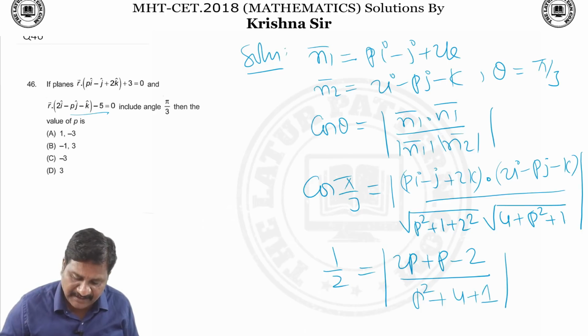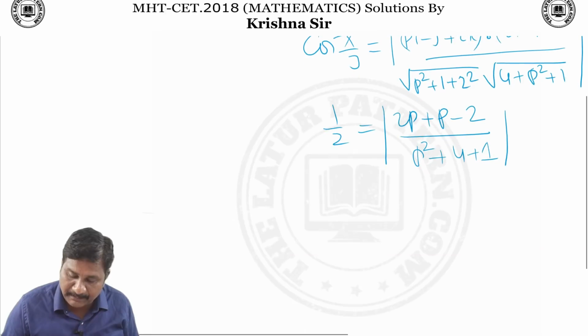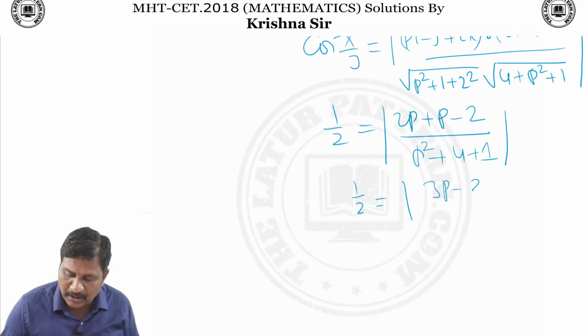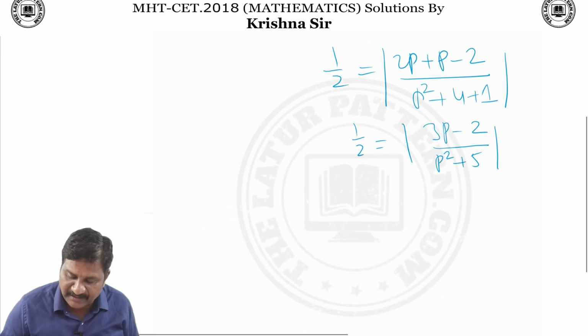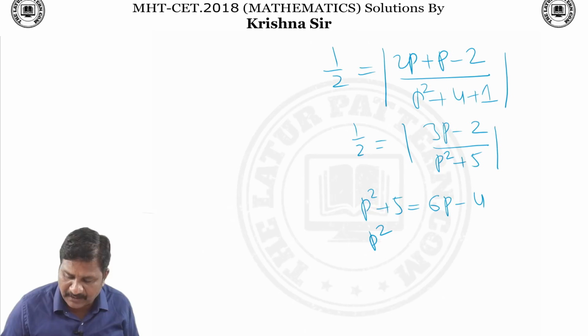Now simplify. So 1 by 2 is equal to (3p minus 2) upon (p square plus 5). By cross multiplication, p square plus 5 is equal to 2 multiplied by (3p minus 2), that is 6p minus 4. By taking positive, p square minus 6p plus 9 is equal to 0.